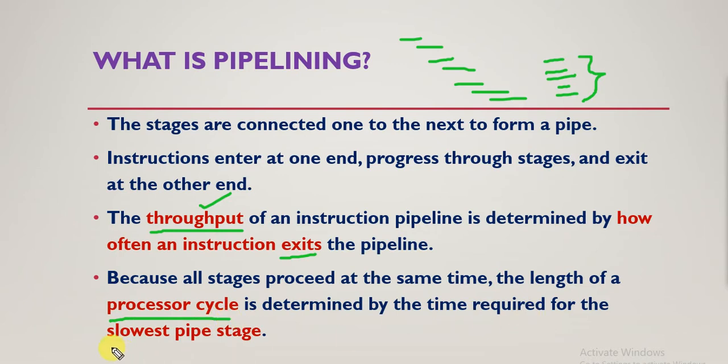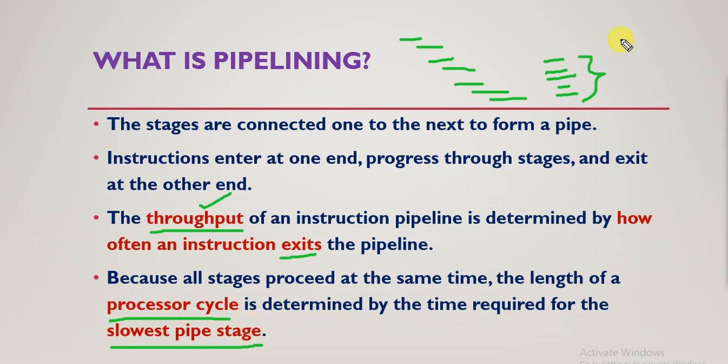As all stages proceed at the same time, the length of a processor cycle is determined by the time required for the slowest pipe stage. After the starting of the first instruction, a number of other instructions come, and different portions of those instructions are executed in parallel. At the same time, they are passing through different processor cycles.